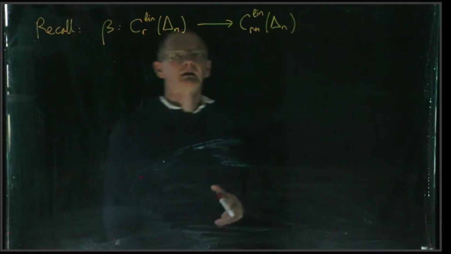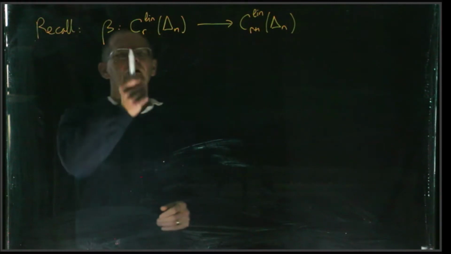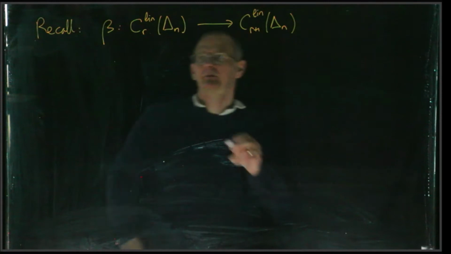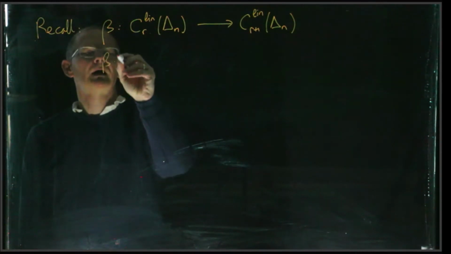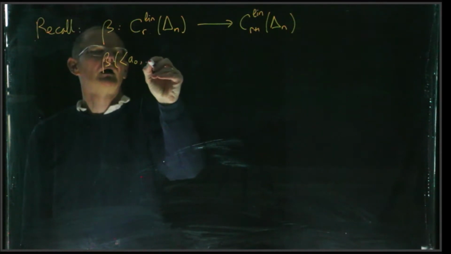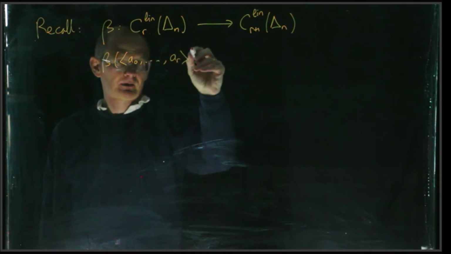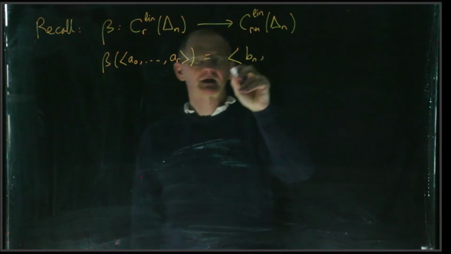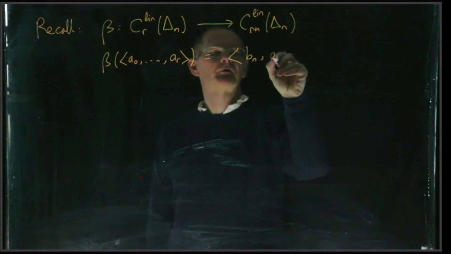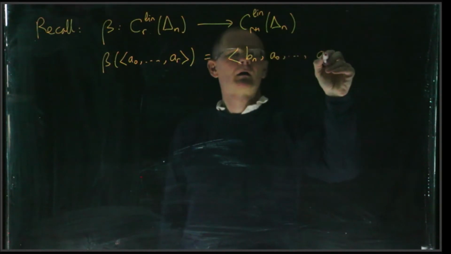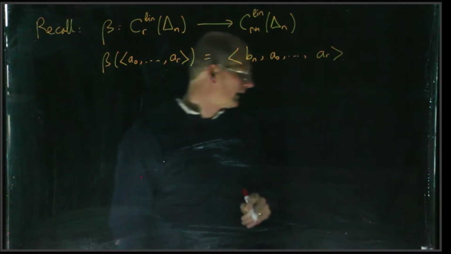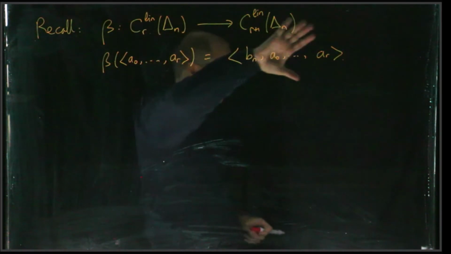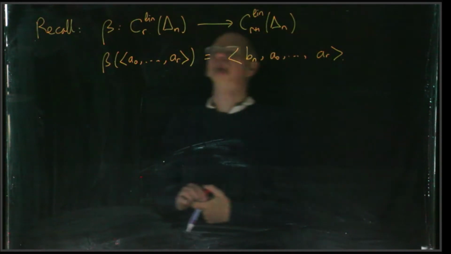Beta was a map from linear r-simplices in delta n to linear r plus 1 simplices, defined as follows: you've got a linear r-simplex like this, then you just put in the barycenter, Bn, as the first vertex and keep the rest of the vertices there. So this is just the operation of taking a linear simplex and joining it to the barycenter.